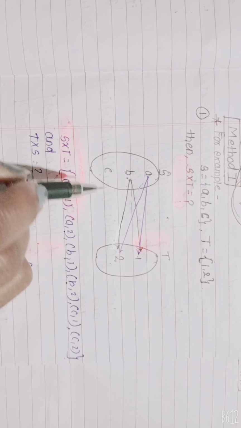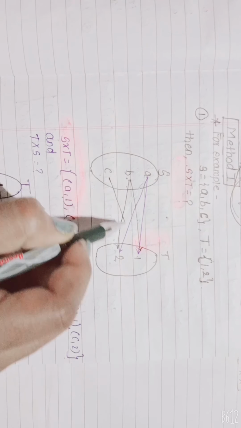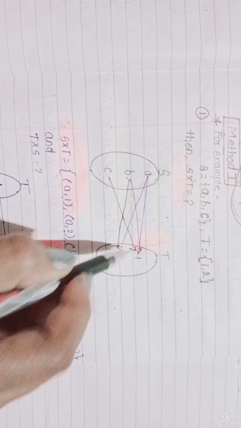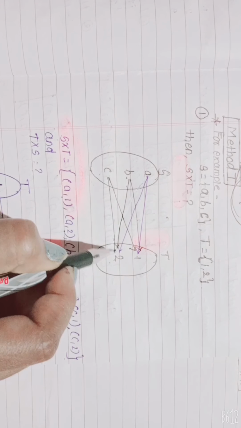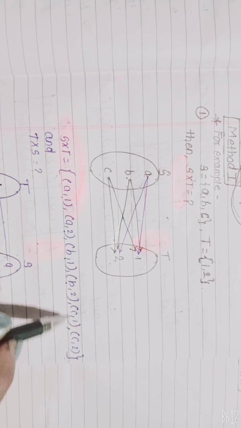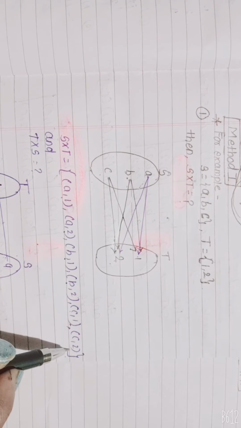Similarly, c forms the pairs with 1 and 2. That's why we get the ordered pairs (c, 1) and (c, 2).